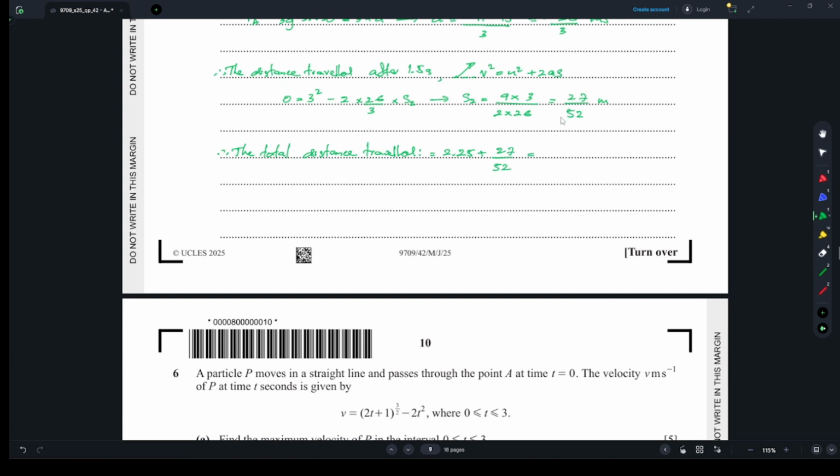So the total will be 2.769, but for three significant figures we can write 2.77 meters.